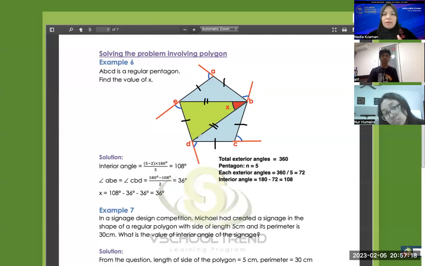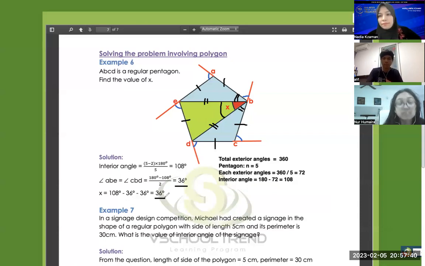So you have to find these two angles. By finding these two angles, the value you get is 36. And when you subtract 36 and 36 from the total, you get another 36.